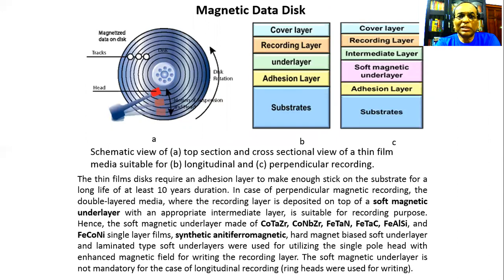Then the magnetic data disk. Initially there was the magnetic metal tape, then the polymer tape came into the picture, with magnetic material coated on the polymer tape. Then came the magnetic disk, the magnetic data disk. This is still being used.